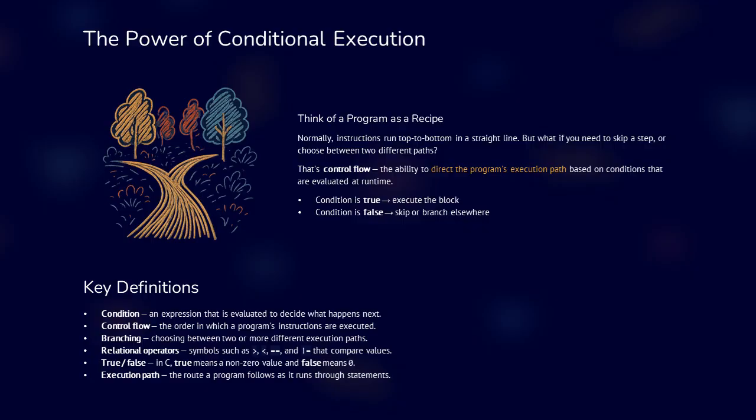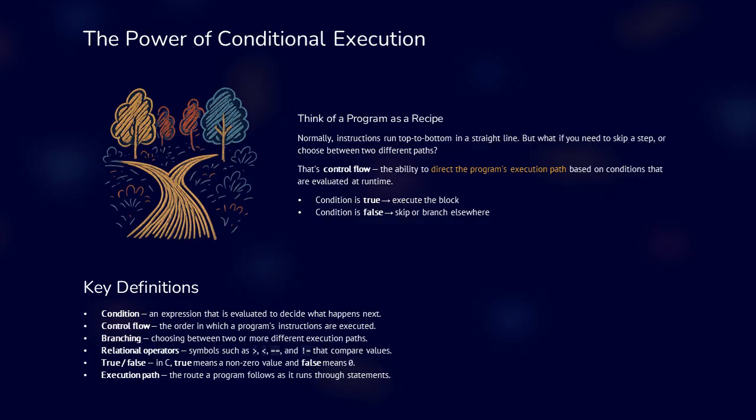Branching. Choosing between two or more different execution paths. So if we are taking decisions and we have too many options, choosing one option is called branching. Relational operators, symbols such as greater than, less than, equal to and not equal to that compare values.